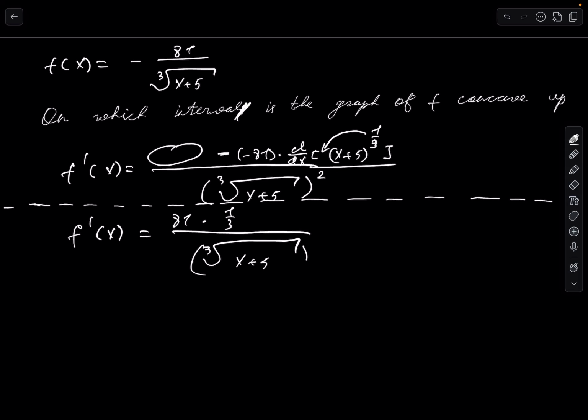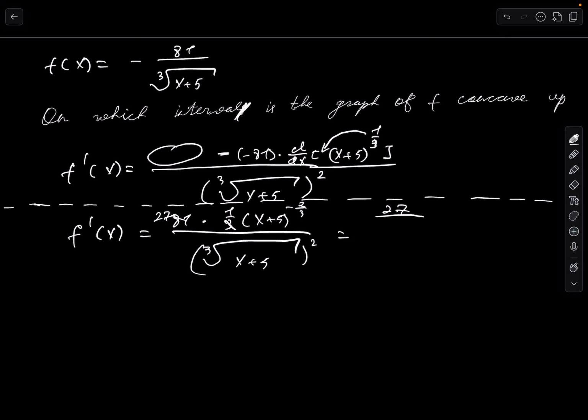Denominator stays the same because we don't really need to simplify this. Back to our numerator, we got our exponent to the front, and then we have to decrement it by 1, which is going to get us x plus 5 to the negative 2/3.